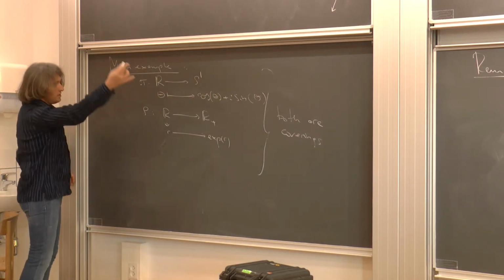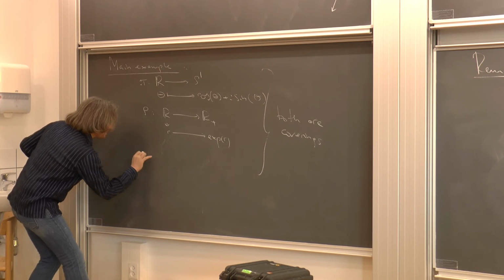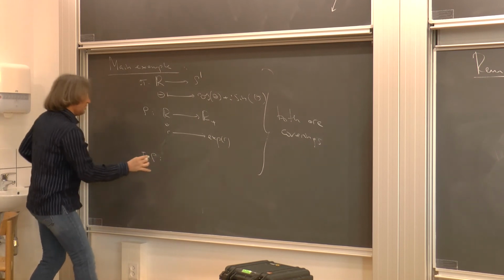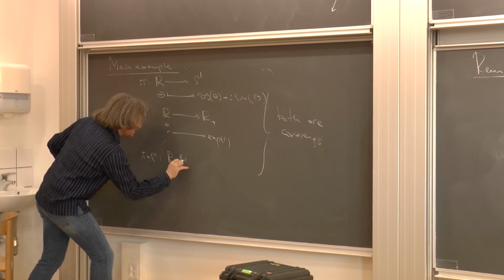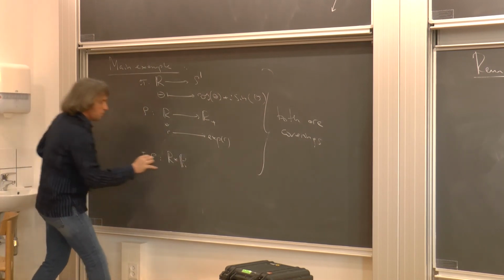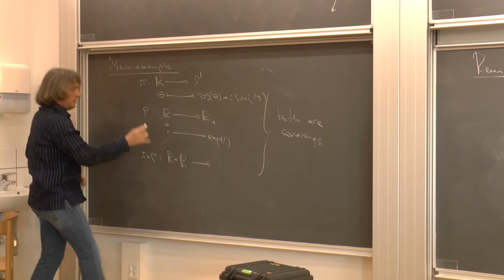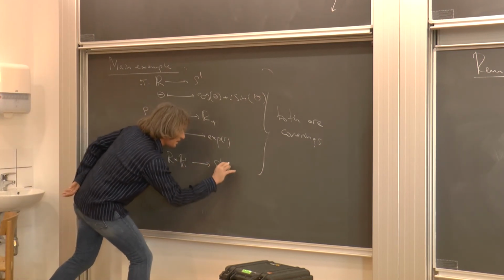So then, in view of the observation, let's take the product. It goes from R cross R to S1 cross R plus.